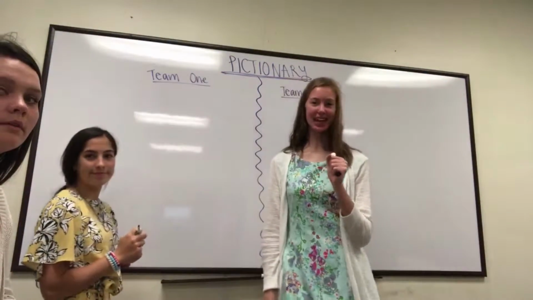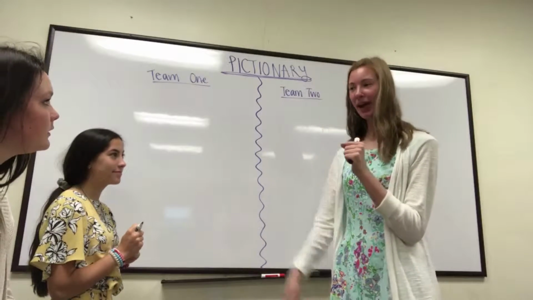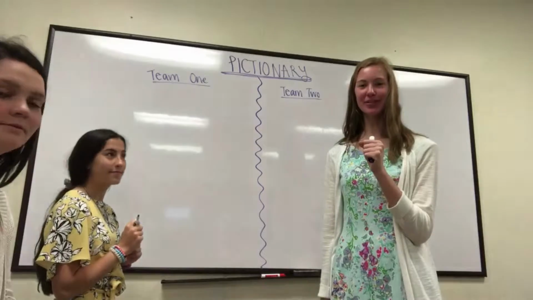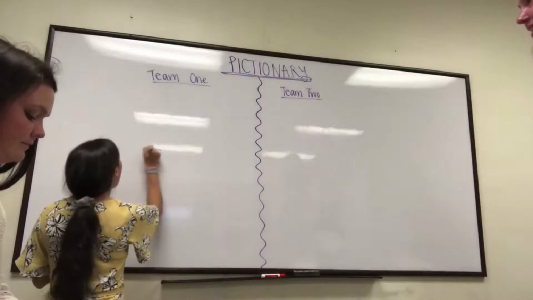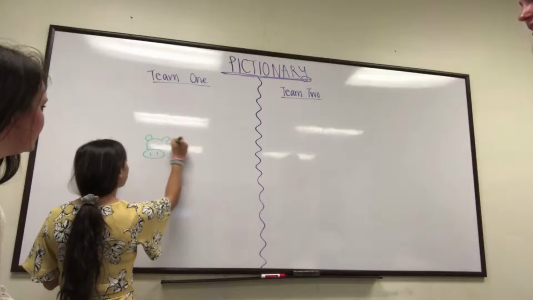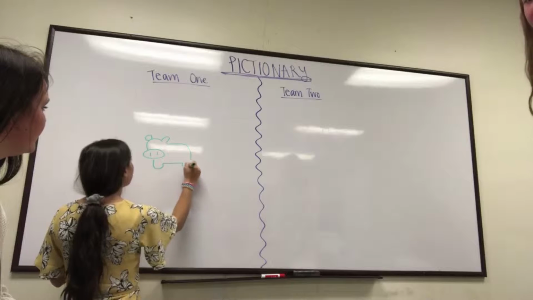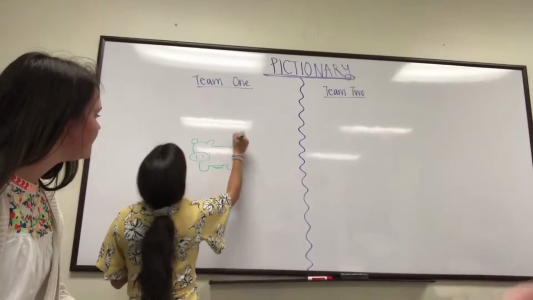Hello and welcome back to the game segment of the night. Tonight we'll be playing Pictionary. First, Kim and our co-host will start. You have 15 seconds. Begin. A dog? No. A fox?